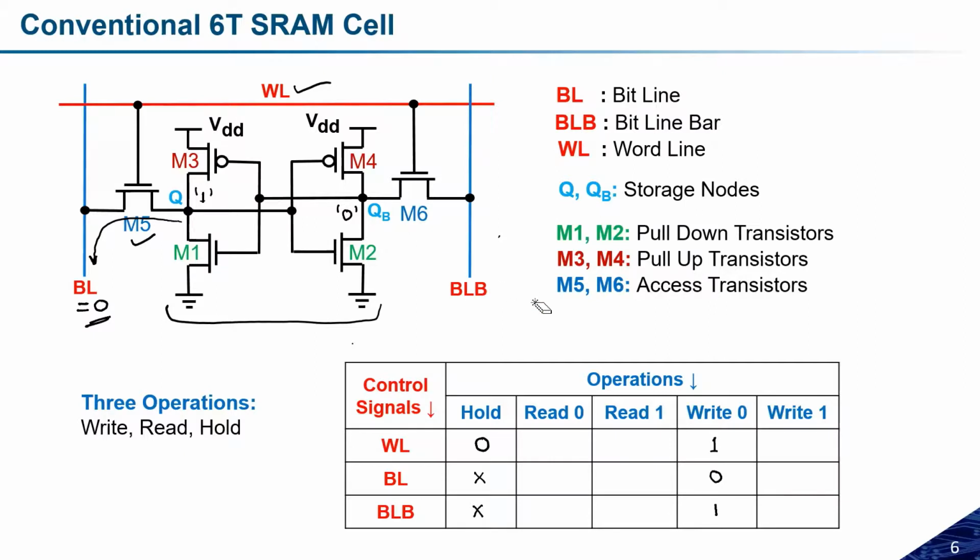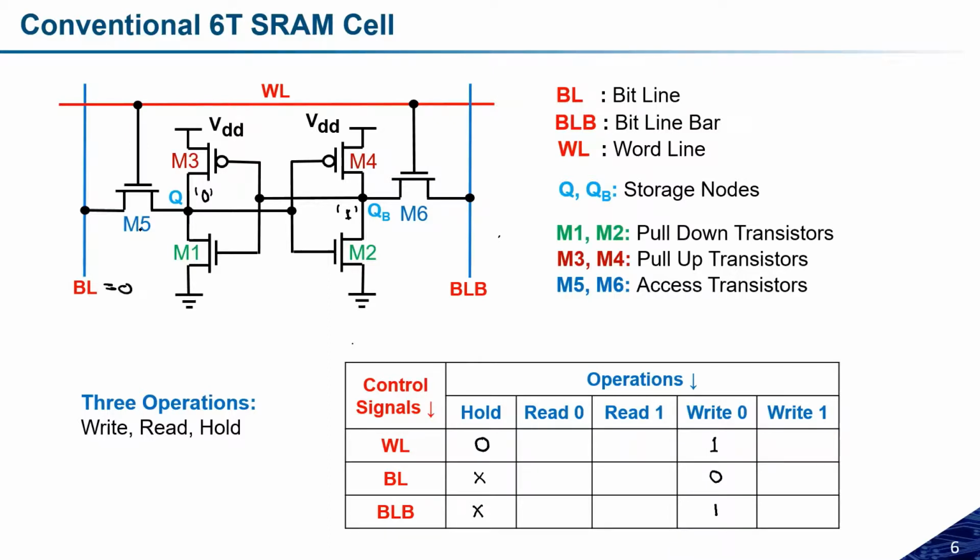Now let us assume initially the logic Q is 0 and QB is 1. Another case is if Q is equal to 0 and I want to write 0, so what do I have to do?